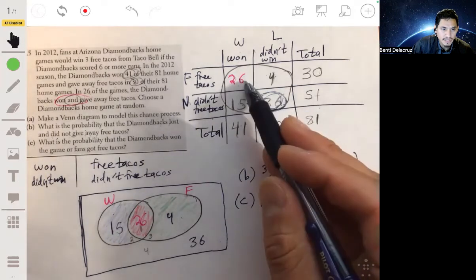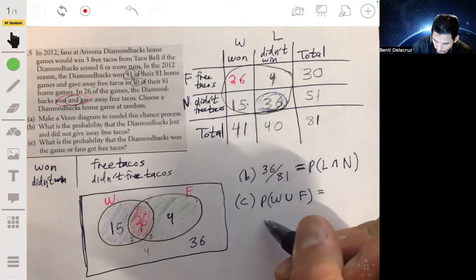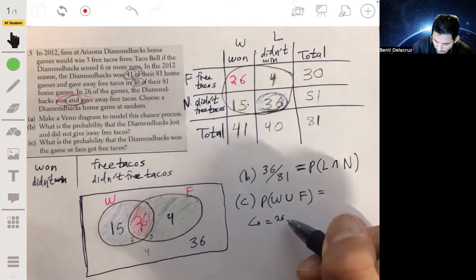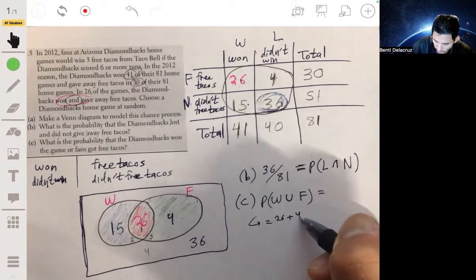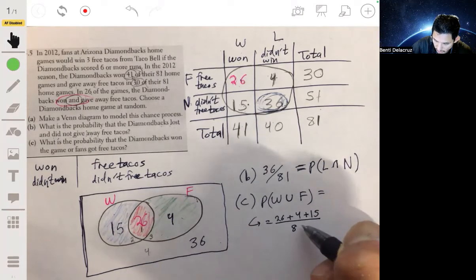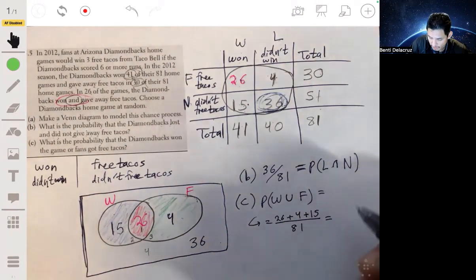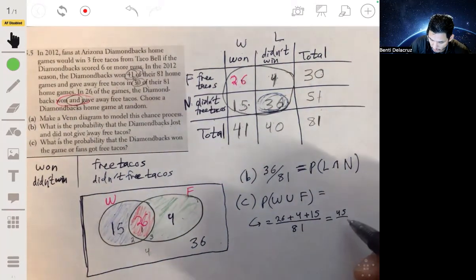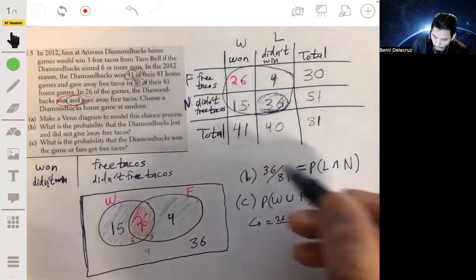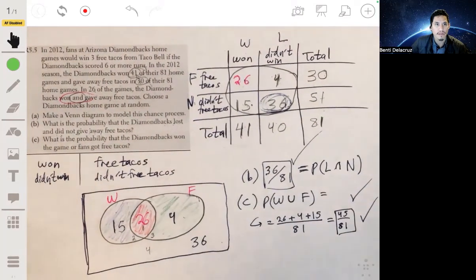So we just add the 26, the 4, and the 15. So that'll be equal to 26 plus 4 plus 15, all out of 81. So now it's simply 45 out of 81. There you go. That's all there is to it.